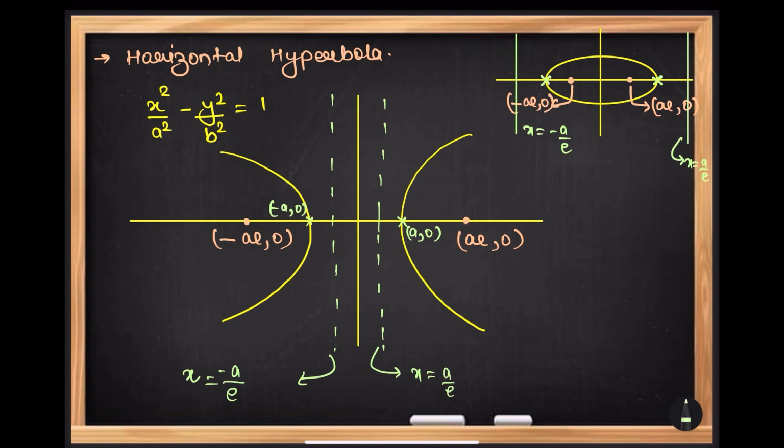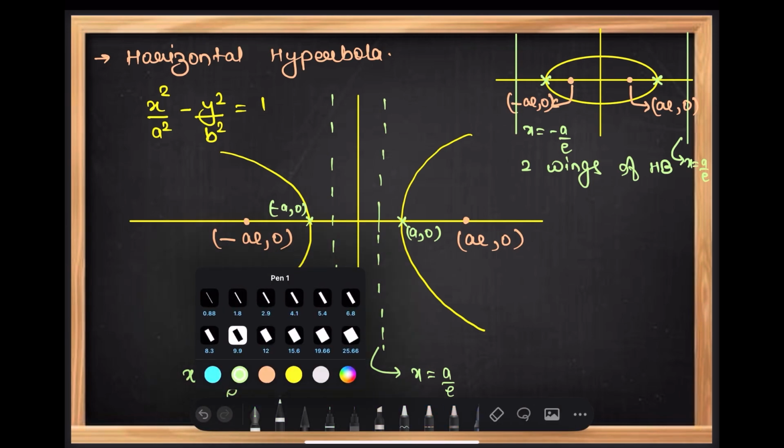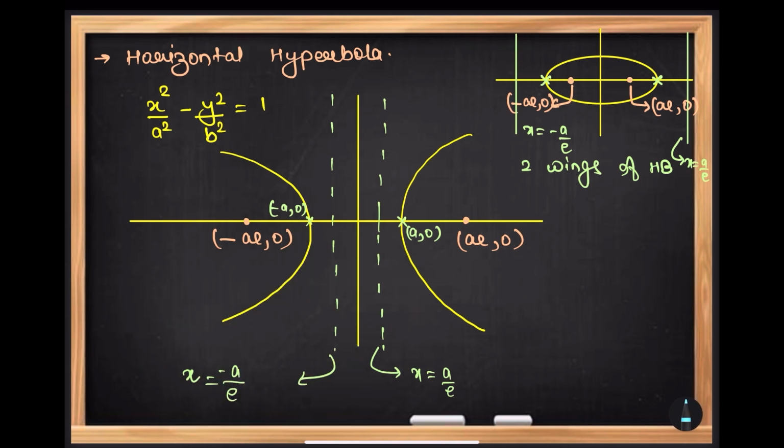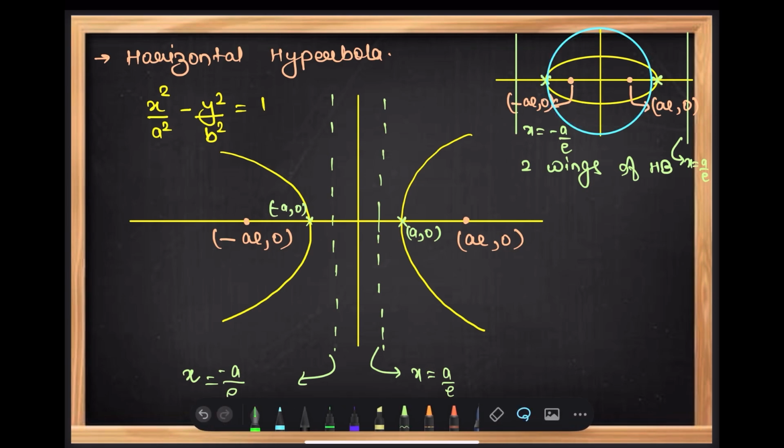Now look at this. These two yellow wings are the two wings of the hyperbola. Now try to connect with, do you remember that auxiliary circle? There was one circle which covers the ellipse, correct? And it covers in such a way so that, look at this, this is the auxiliary circle.